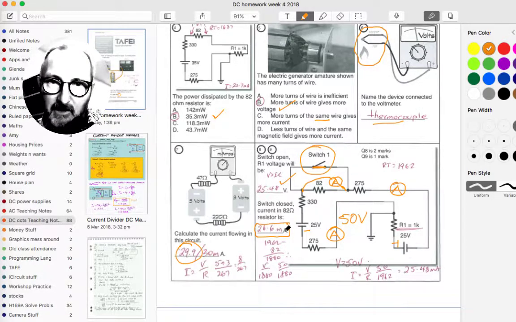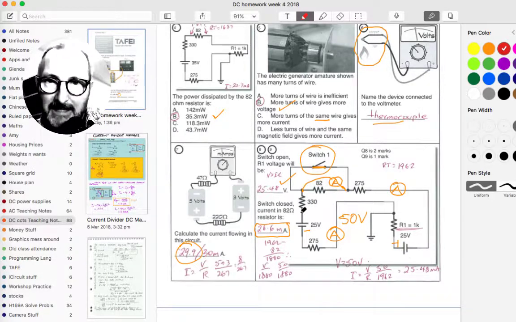So what he's given me is the total circuit current without the 82 ohm resistor in there. So it's an easy enough mistake to make.